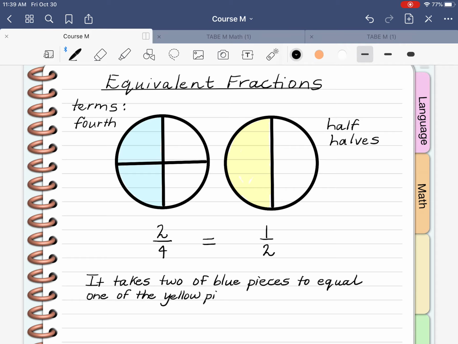And again, that is because the fractions are in different terms. The first one has more cuts, more slices, so you need more of those to equal the bigger piece in the second circle. We're looking at two equal fractions.